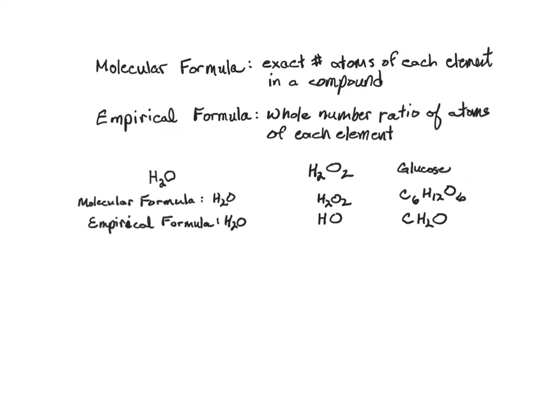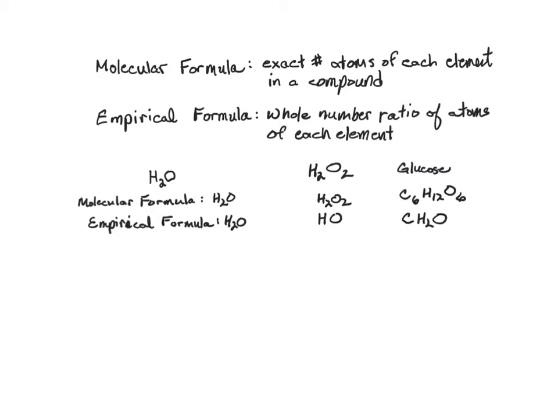Now you might be wondering, well, why do we even bother with having molecular formulas and empirical formulas? I mean, the molecular formula tells you exactly what's present in the molecule, and that's true. But we didn't always have the ability to figure out the molecular formula. Okay, so in the early days of chemistry, the best that you could come up with if you were testing a sample for the presence of different elements was the whole number ratio of elements.